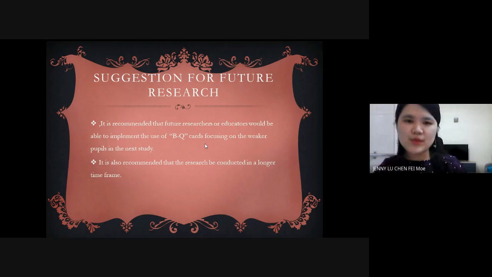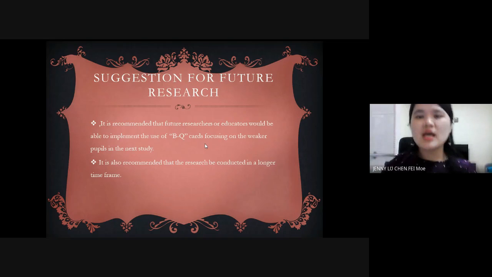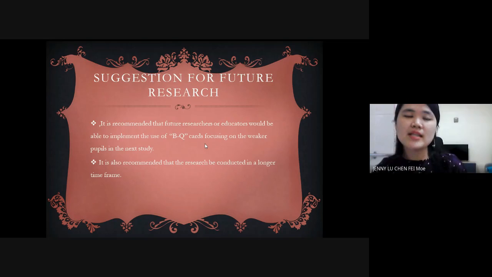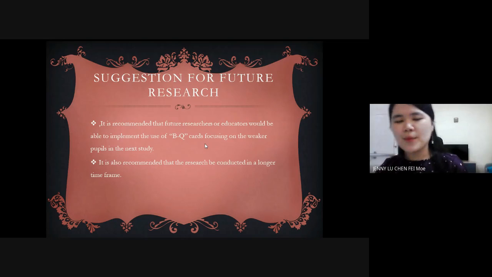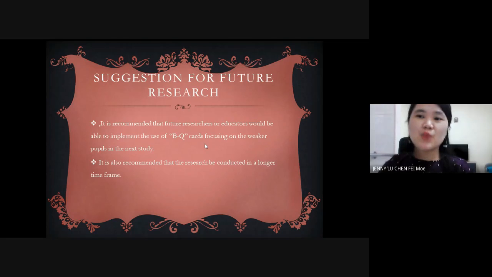I will also recommend that the research be conducted over a longer time frame, because I believe that by focusing the use of BQ cards among the weaker pupils only and conducting it over a longer time frame, it might produce much higher quality data that will enable us to determine whether or not BQ cards are effective in helping pupils to develop their written production in the English language, as well as whether they are effective in raising their level of interest and motivation towards writing lessons among these weak pupils.